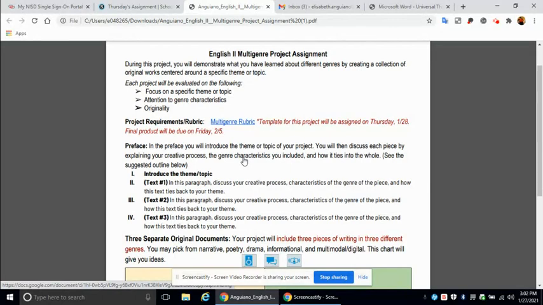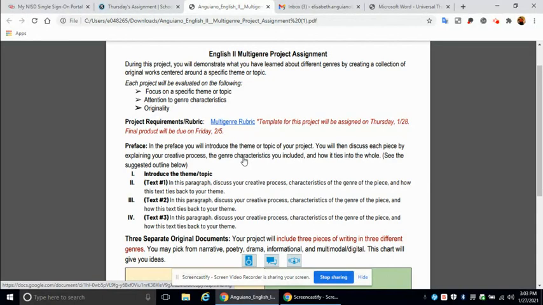In my preface, I would introduce basketball and why I chose it. Then in body paragraph number two, I'm going to discuss my short story piece. Then in body paragraph three, I'm going to discuss my poem about basketball.